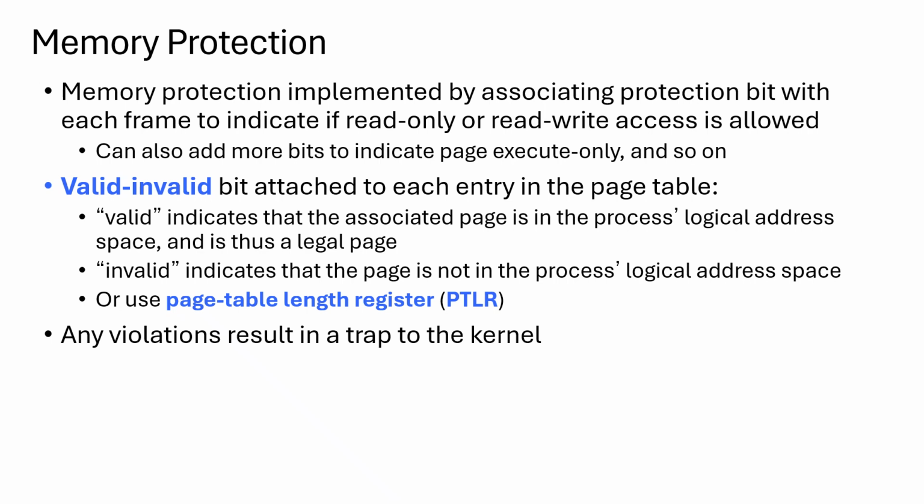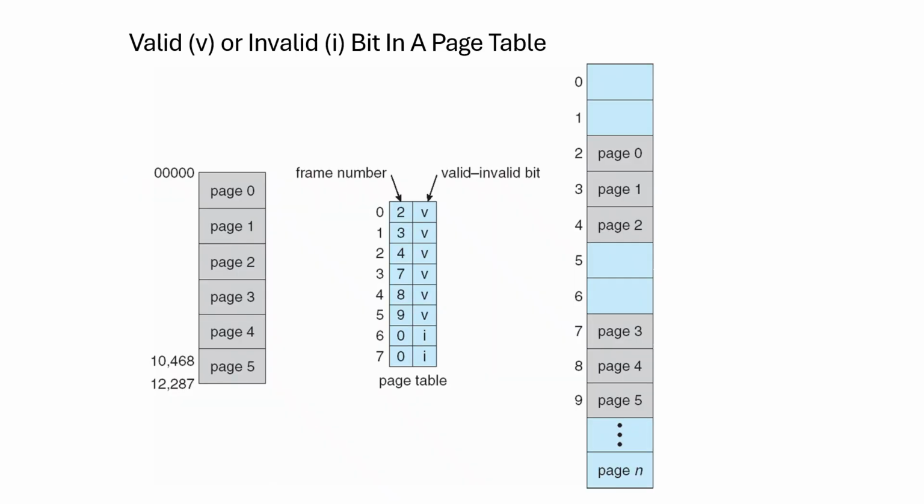Invalid indicates that the page is not in the process, so the logical address is an invalid one. The page table length register, PTLR, is used. If any violation comes, it gives an error and traps to the kernel.